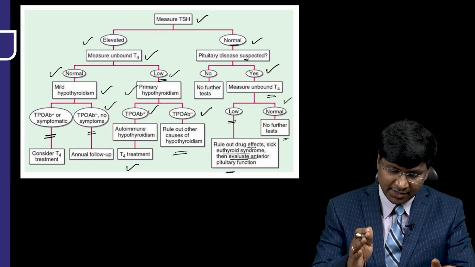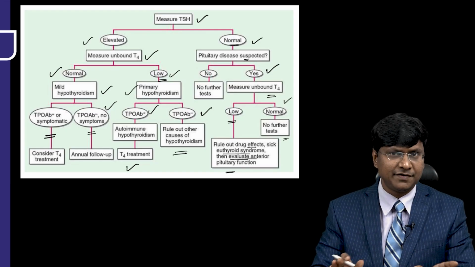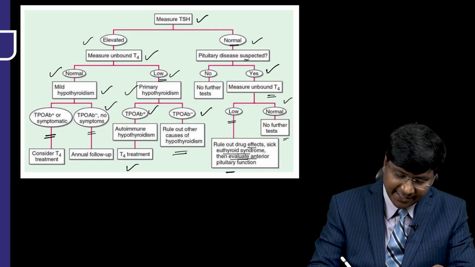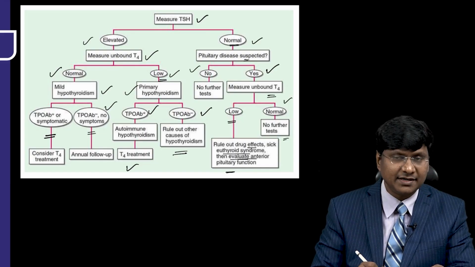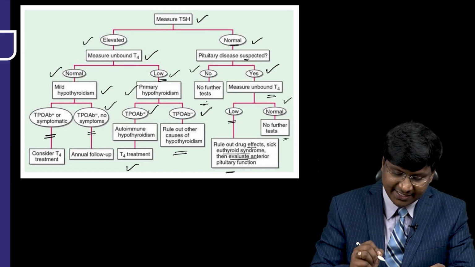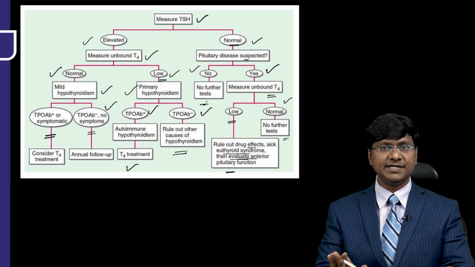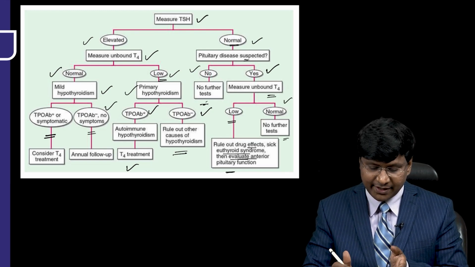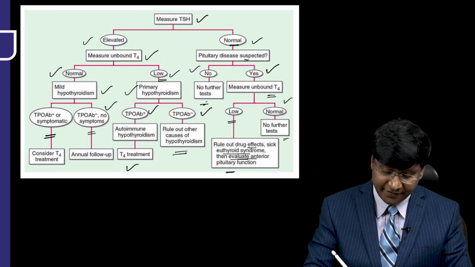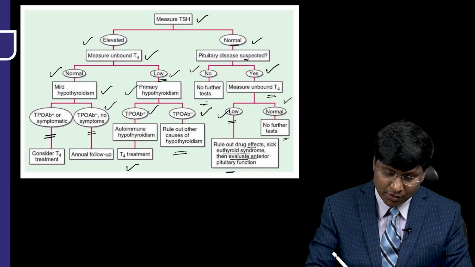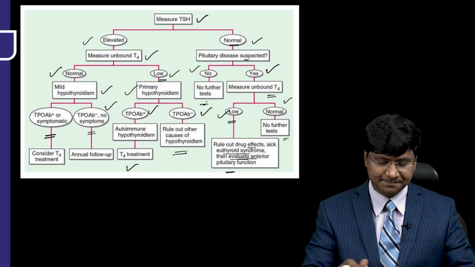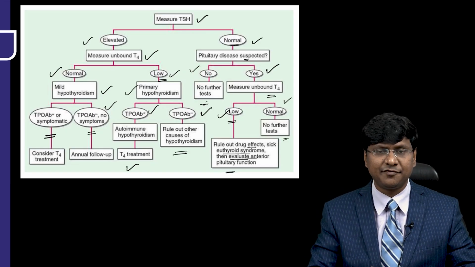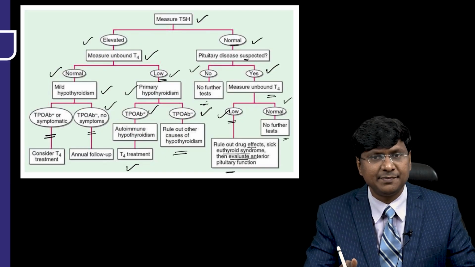When TSH is normal and free T4 is normal, further testing is not required. If no pituitary disorder is suspected and the TSH levels are normal, no further testing is required. Further testing is required only if the free T4 levels are low with normal TSH. So this is the overall workup for primary and secondary hypothyroidism.